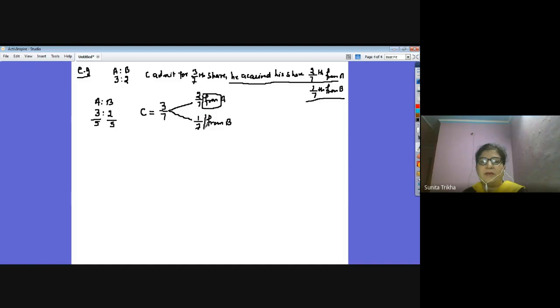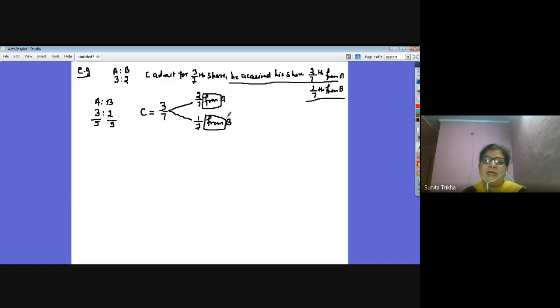From means minus. He is taking 1/7 from B and 2/7 from A. If you add both, you get 3/7. So it means 2/7 is the sacrifice share of A and 1/7 is the sacrifice share of B.